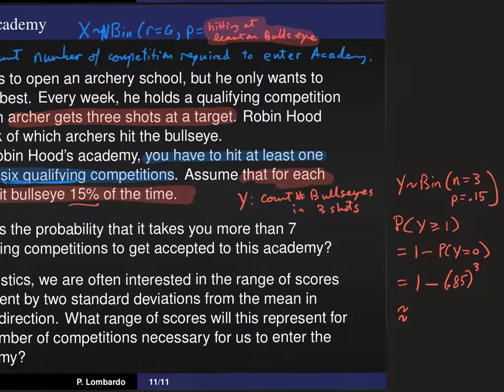And this is approximately 0.3859, we'll call it. All right. This probability we just computed is going to be the parameter little p in our negative binomial distribution.